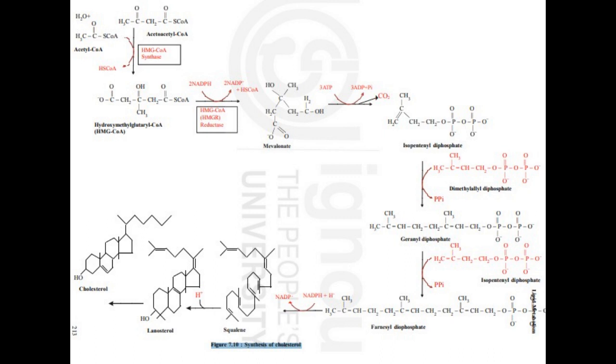Isopentenyl diphosphate is in equilibrium with its isomer, dimethylallyl diphosphate, DMDP. One molecule of IDP condenses with one molecule of DMDP to generate geranyl diphosphate, GDP. GDP further condenses with another IDP molecule to yield farnesyl diphosphate, FDP.